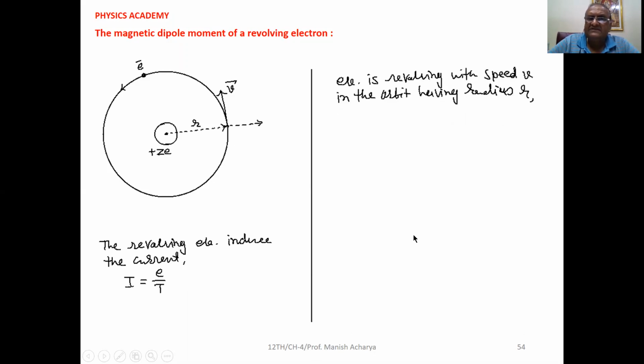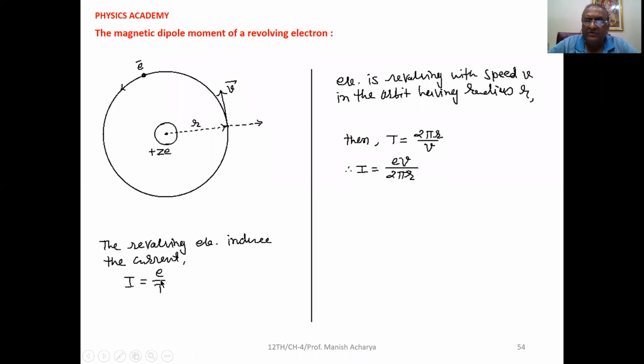Now, electron is revolving with a speed v in the orbit having radius equal to r. So when one revolution is completed, the distance covered is equal to the circumference of the orbit, 2 pi r. So we can write the time taken by the electron to complete one revolution, that is its period, equal to 2 pi r by v.